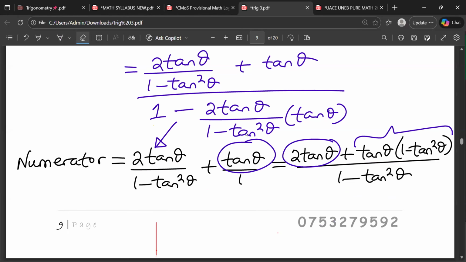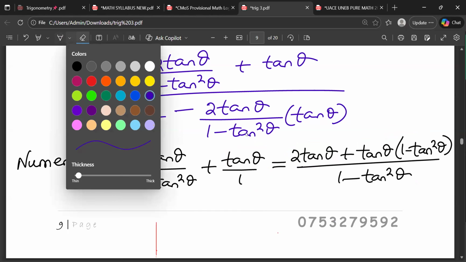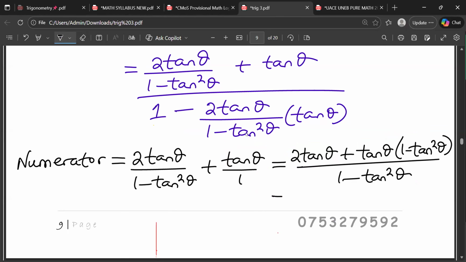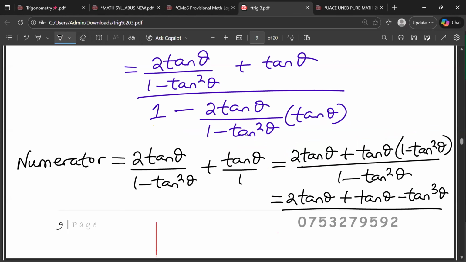Then we can start simplifying. You can first handle the numerator alone. What do you come up with? It will be 2 tan theta plus tan theta minus, I think it is tan cubed theta, over 1 minus tan squared theta, like that.